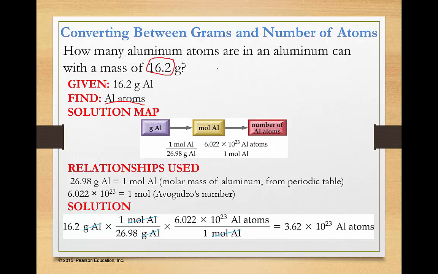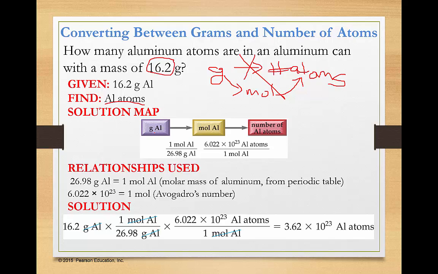What I can't do is go straight from grams to number of atoms. That's what I want to do. I want to go from A to Z. I can't go directly. There's no path directly there. I've got to take a detour and go through Mole Town. So I've got to go through moles, and then from moles I can get over here to atoms. The road's blocked between grams and number of atoms.